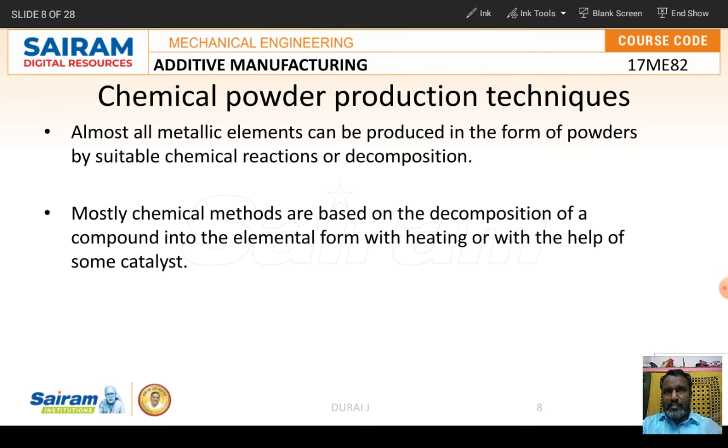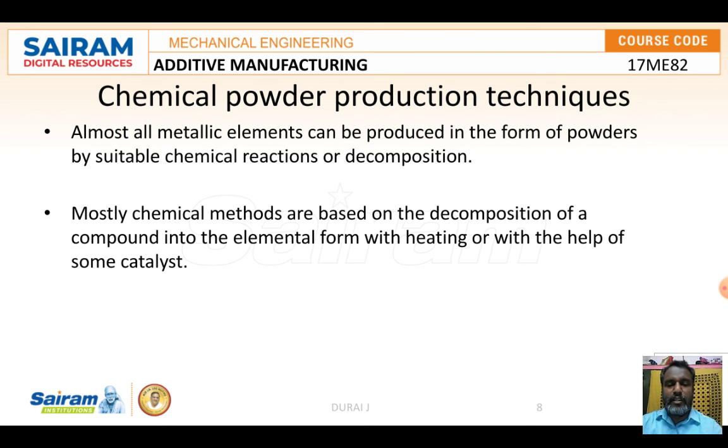The next thing is the chemical production techniques. In the chemical production techniques, almost all metallic elements can be produced in the form of powders by suitable chemical reaction or decomposition, because some materials are hard and will not normally make powder. They react with some chemical reagent and may be converted into the powder state.